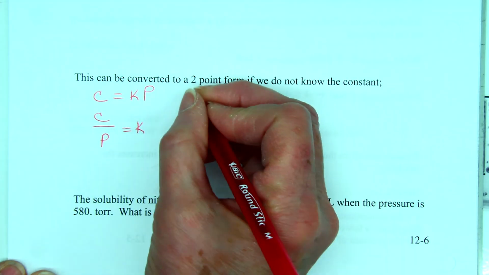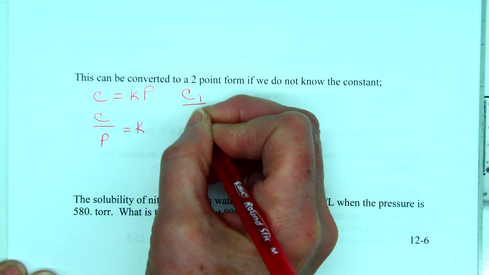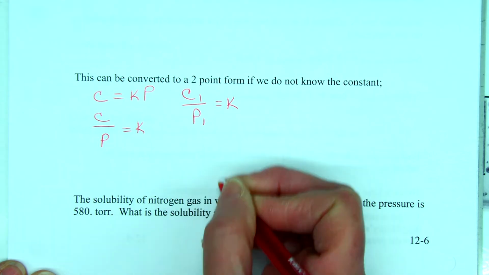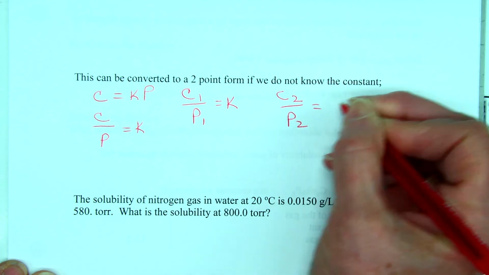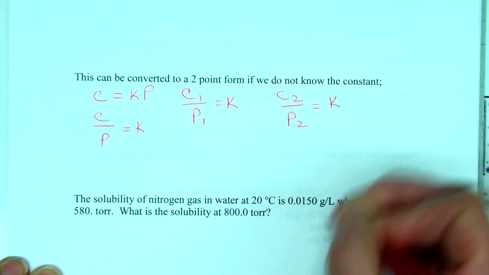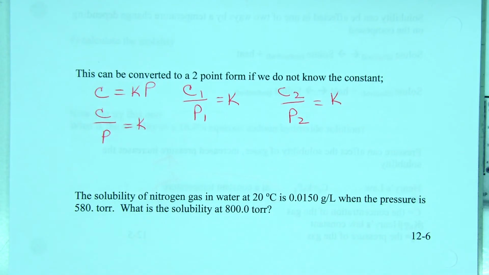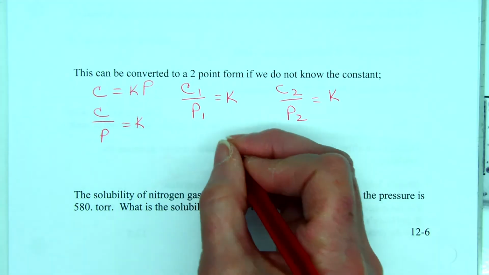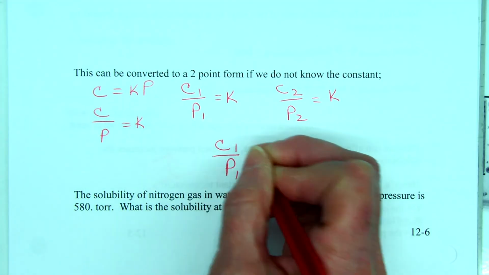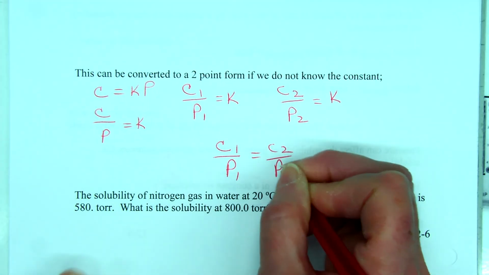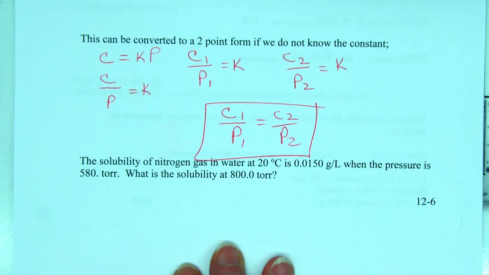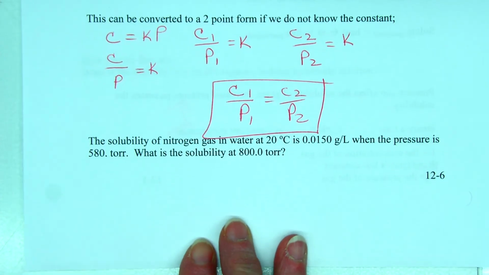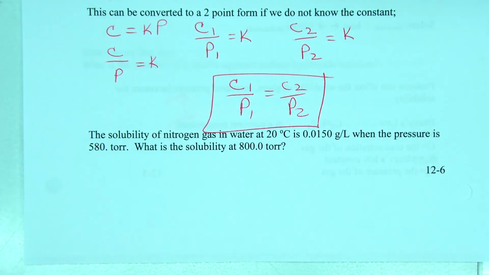Now, in some situation, C1 over P1 is equal to the constant K, and in some other situation, concentration 2 divided by pressure 2 is equal to K. If these two things are equal to the same thing, then they're equal to each other. Therefore, C1 over P1 equals C2 over P2. So this is the 2-point form of Henry's law. We can use this when we are changing pressure conditions for the same setup.